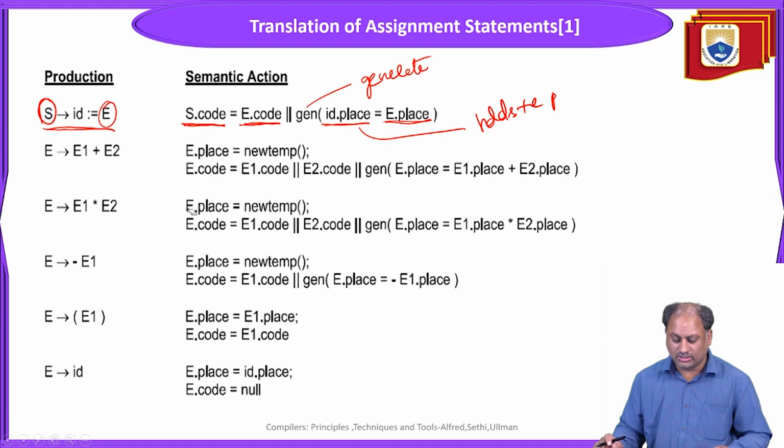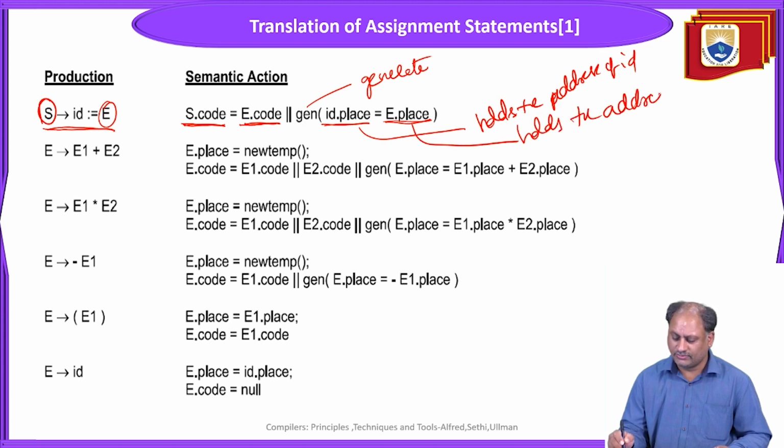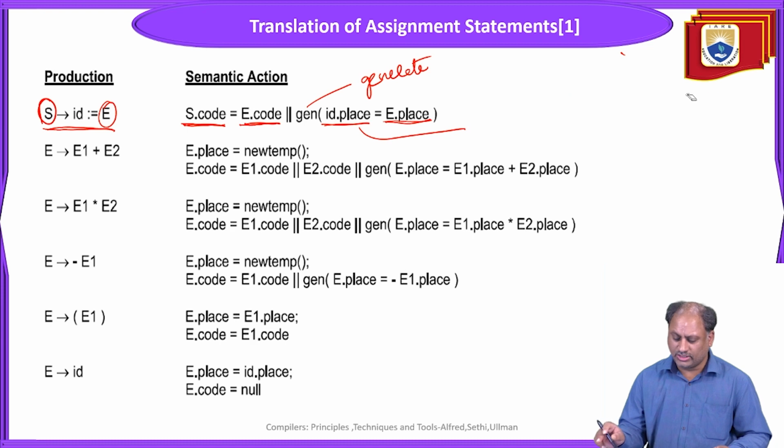So here id holds the particular address of id and this one holds the address of e. So there are two cases: one holds the place address of id and the second one holds the address of e.